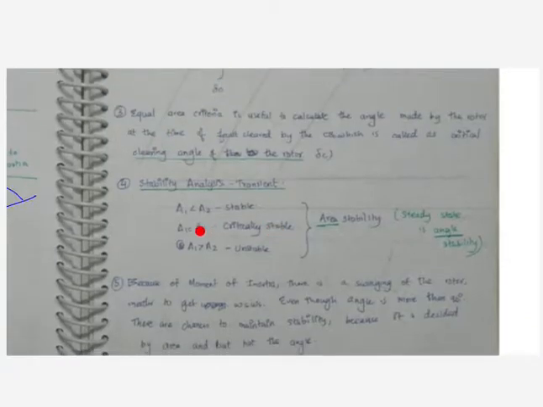So if area 1 is less than area 2, then it is stable. If area 1 is equal to area 2, it is critically stable, and if area 1 is greater than area 2, it is unstable.